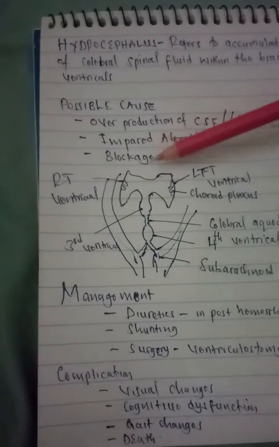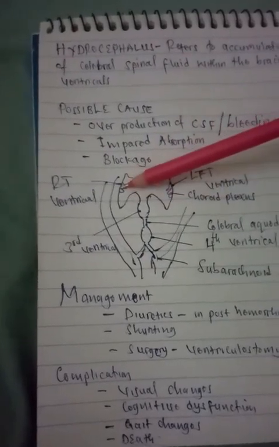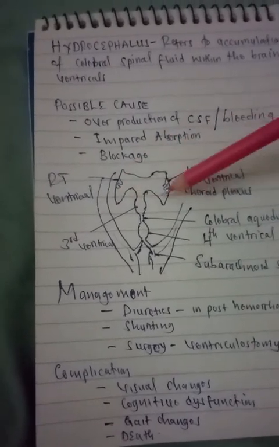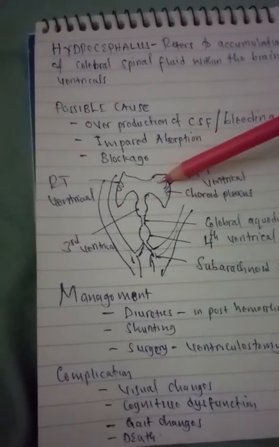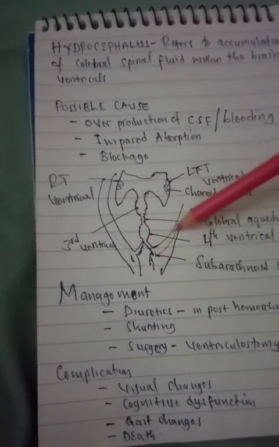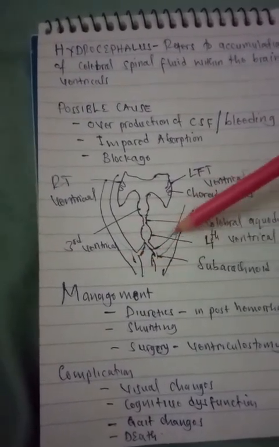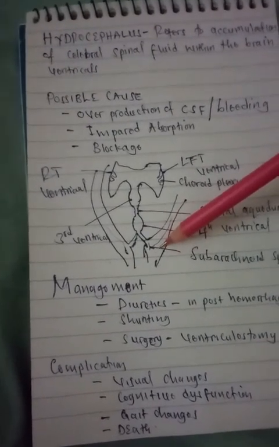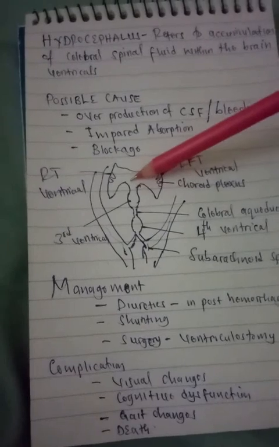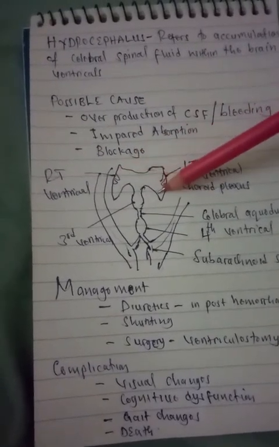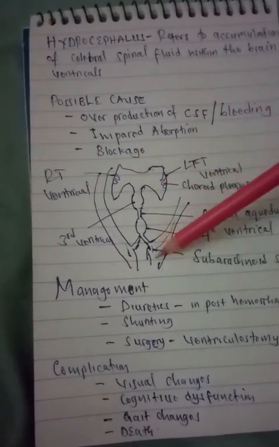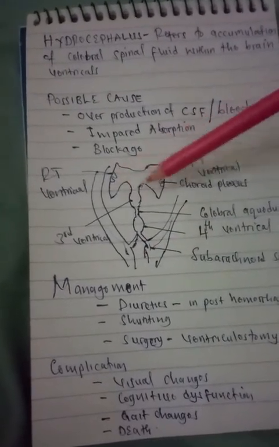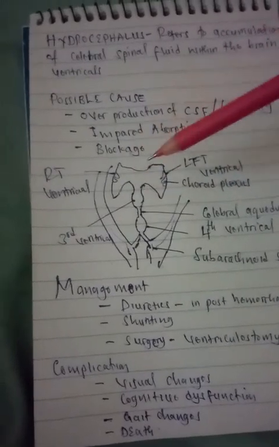In another case, the amount of cerebrospinal fluid is produced at a normal value, but in the absorption place, which is called the subarachnoid space, there is an impaired absorption. So although the fluid is produced in a normal amount, there is no absorption, so automatically the fluid will accumulate within the brain ventricles.